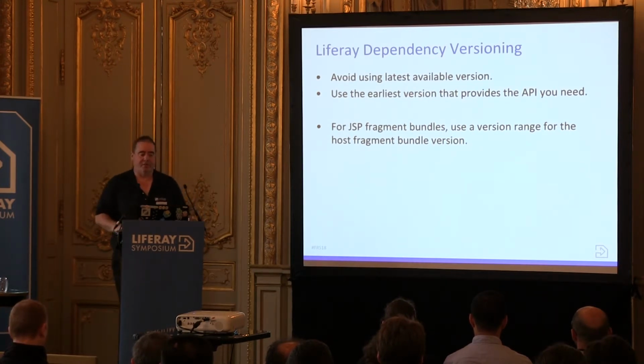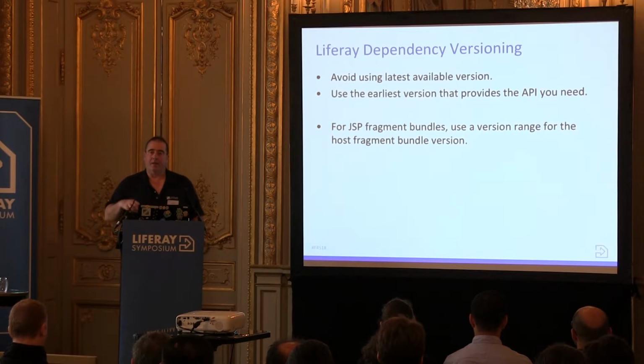Liferay dependency versioning. As developers, a common rule is always use the latest version of a library, because that's where you're going to get the most up-to-date version, the one with all the bug fixes, everything else in there. But when you're defining dependencies in OSGi, you really want to go the opposite way. You want the oldest version that you can get away with.